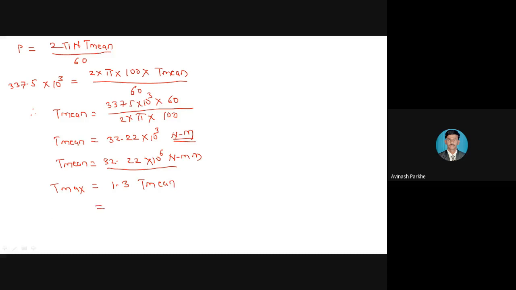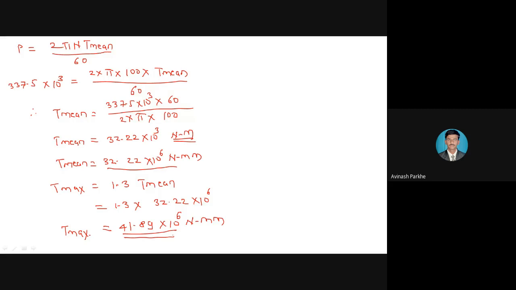T mean we just calculated as 32.22 into 10 raised to 6, so you will get the value of T max, 41.89 into 10 raised to 6 Newton mm. This is the maximum torque which we have to use in the torsion formula for the diameter calculations.